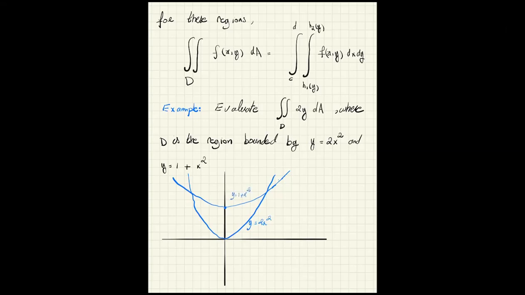So the first thing we need to do in all of these cases is find the region we're talking about. This is the region, call it D. So first thing we do is find the intersection.